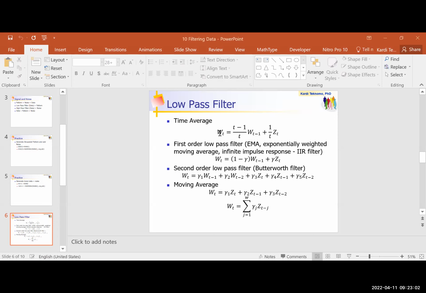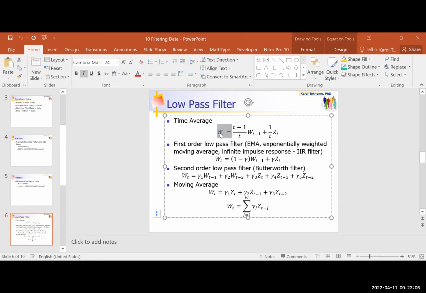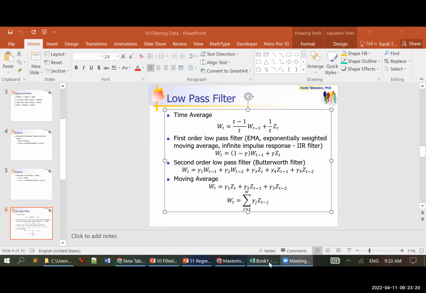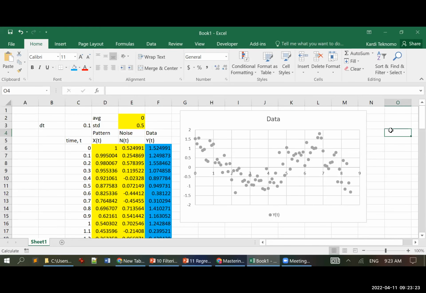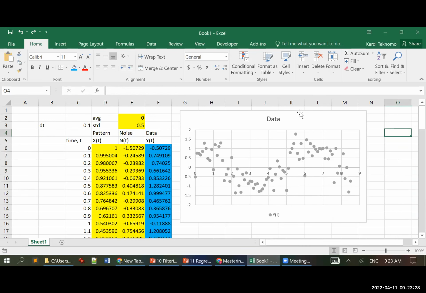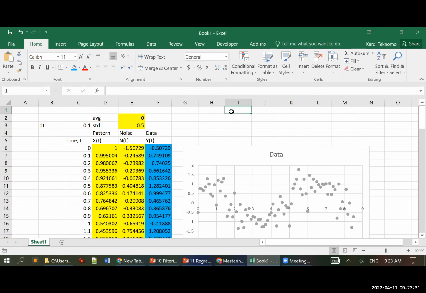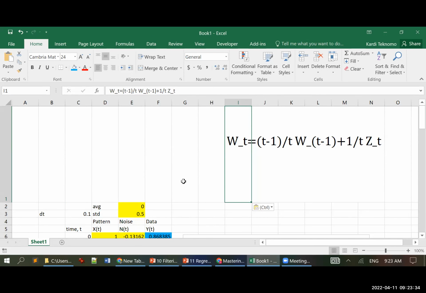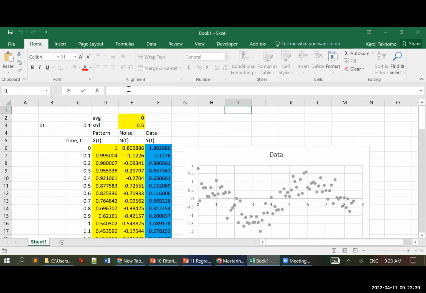So let's copy this formula into my Excel so we can get the whole thing. Let's go to the Excel. So this is my formula. Maybe I should put it here.